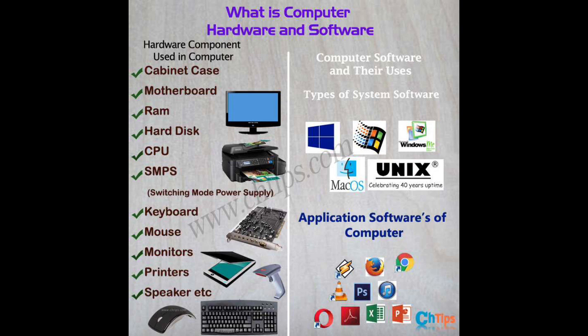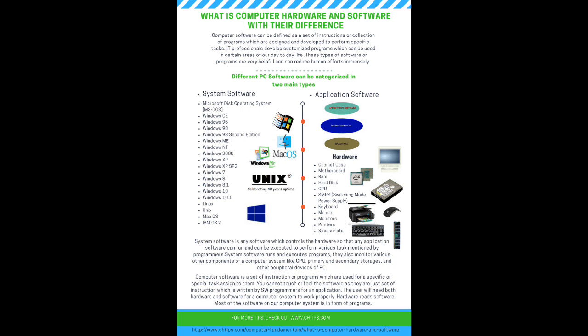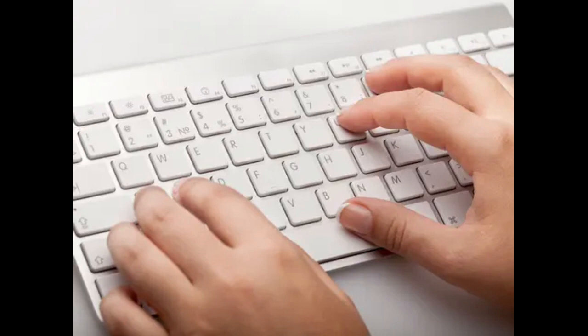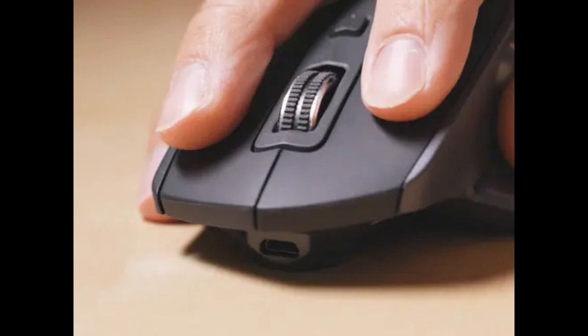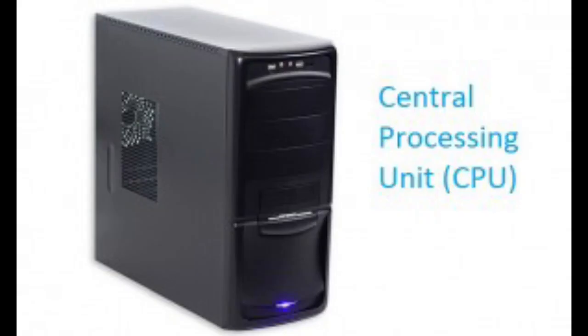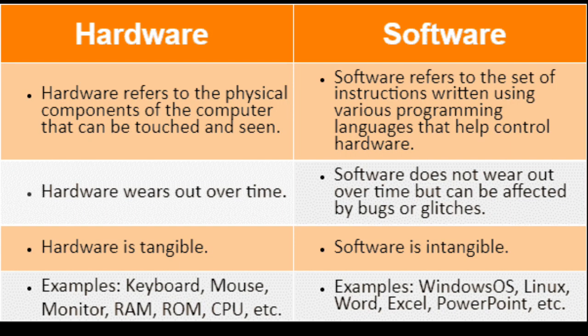Secondly, we will discuss the parts of a computer, the hardware parts of a computer. Hardware is what we can see. The components of a computer hardware mainly comprise a CPU or central processing unit, a monitor or LCD or LED, a keyboard, a mouse, speakers and a printer.